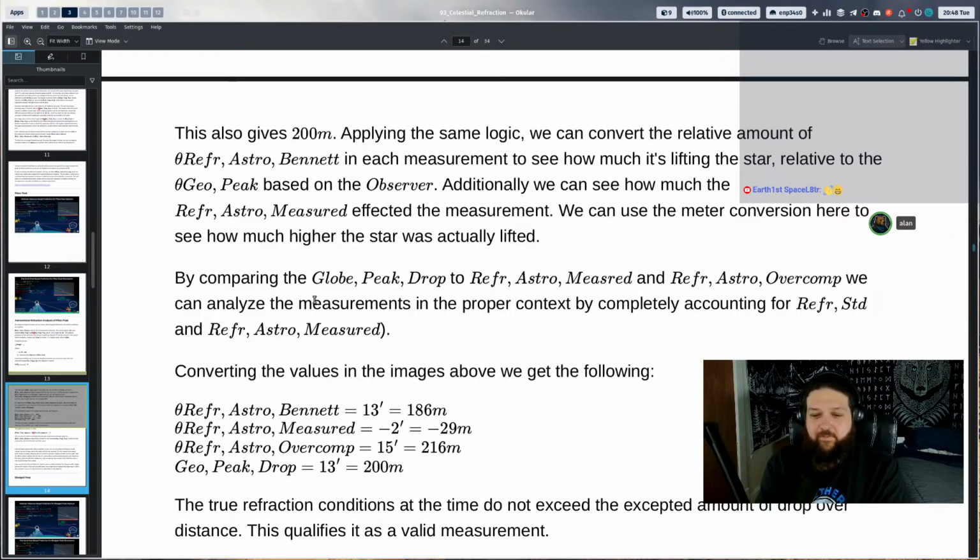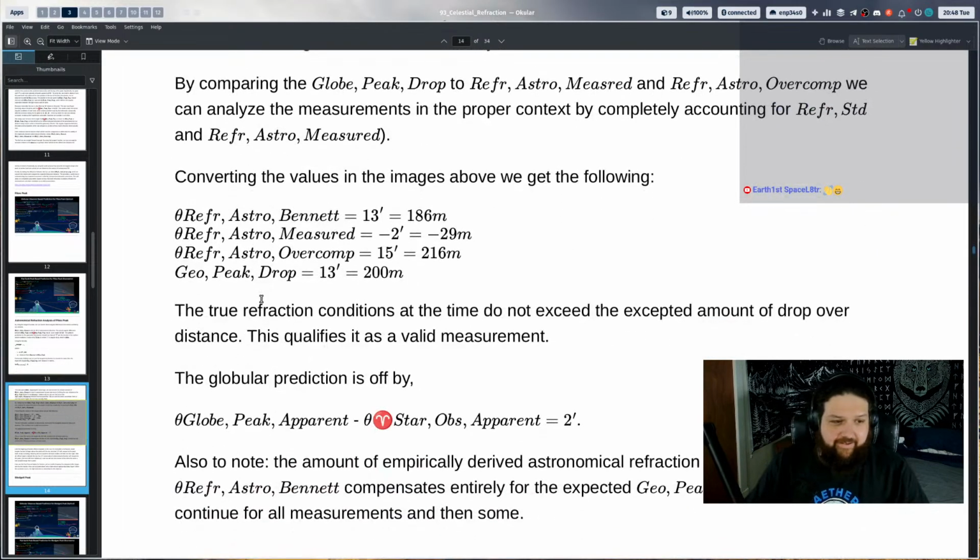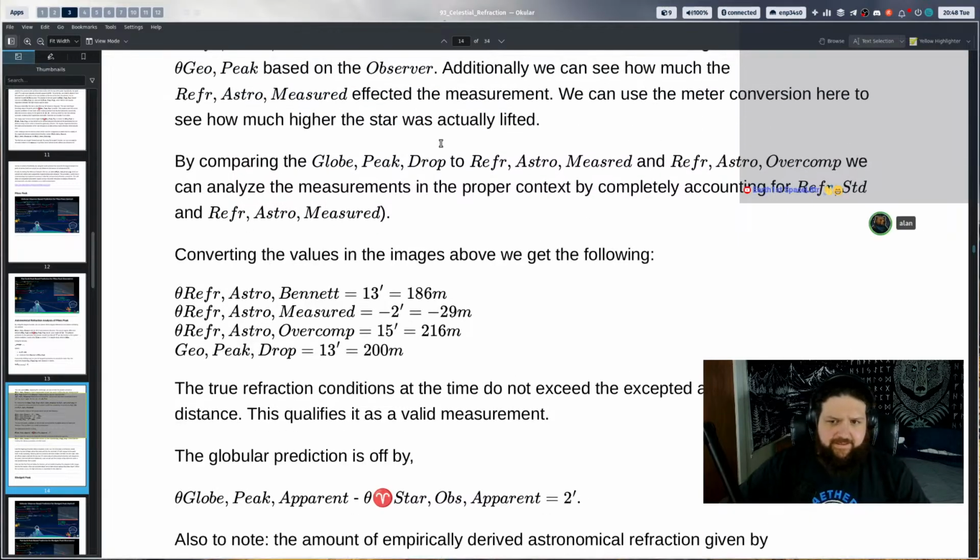Dude, we were simultaneously doing it wrong, but via the interpretation of adding 2 arc minutes of terrestrial refraction, which, to even get down to that angle, they had to use the same math that gives us the angles that we're getting to apply their amount, and then it was okay, while we're also simultaneously wrong and strawmanning the globe mathematically. Very cool. All right.